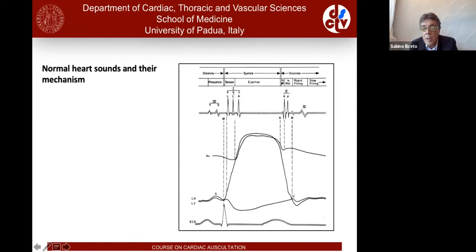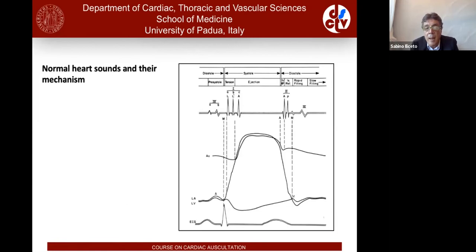The third is due to the impact of blood in the early part of diastole, and the third sound is physiological in kids, but is always the expression of a muscle disease in older people.